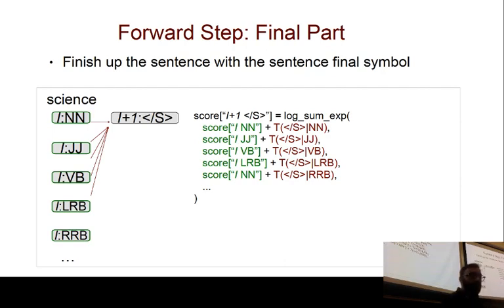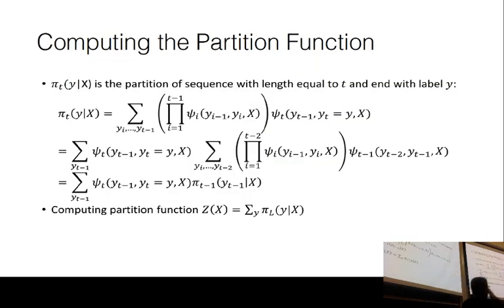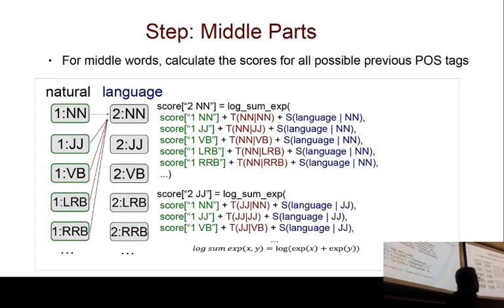But is that clear? Okay, so now we have this whole CRF graph, and we have computed all of these probabilities. So how will we compute that denominator? We define a partition function P, where P sub T will mean the partition function up to length T, and Y will be the label that we end up with.